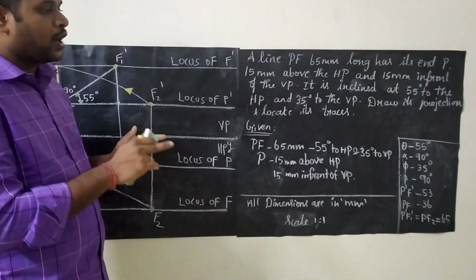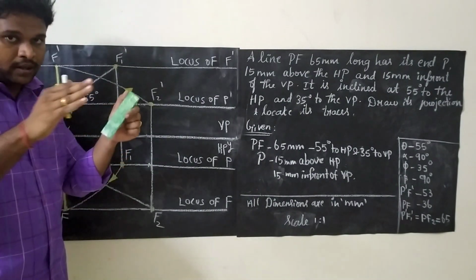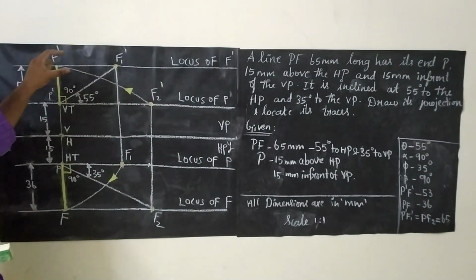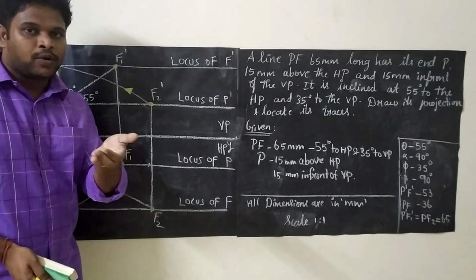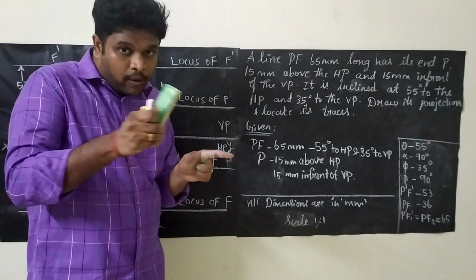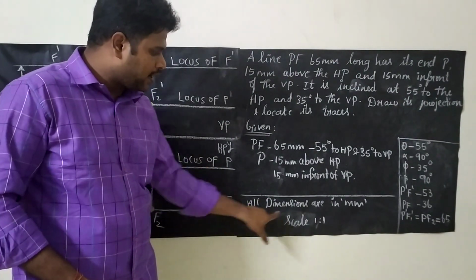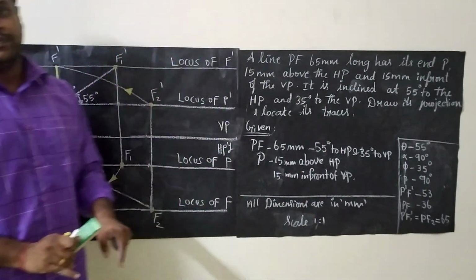Try to put a box on the right side of the A3 sheet and write it, and height of the text should be 10 mm. So heading we can give like projection of lines, and height should be 10 mm, and finally in the right bottom corner of your page you have to write all dimensions are in mm, scale 1:1, height of the text should be 5 mm.